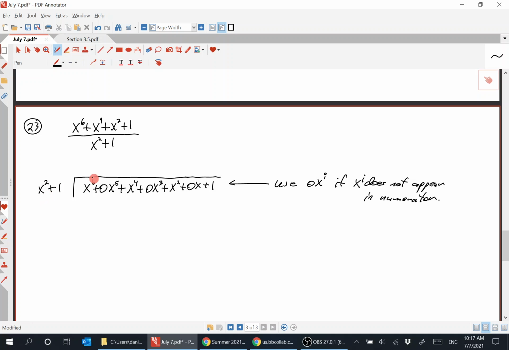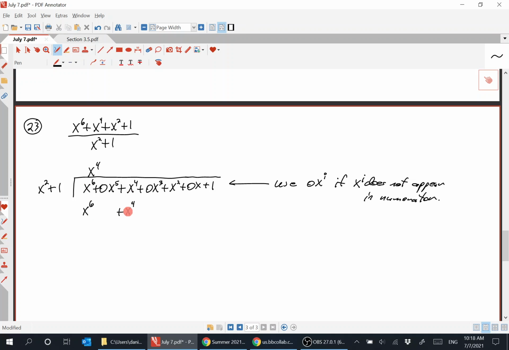Okay, so I want to multiply this by x to the 4th. Multiply x squared plus 1 times x to the 4th to get x to the 6th as the leading term. So this gives me x to the 6th plus x to the 4th, and put that underneath, the x to the 4th term here.